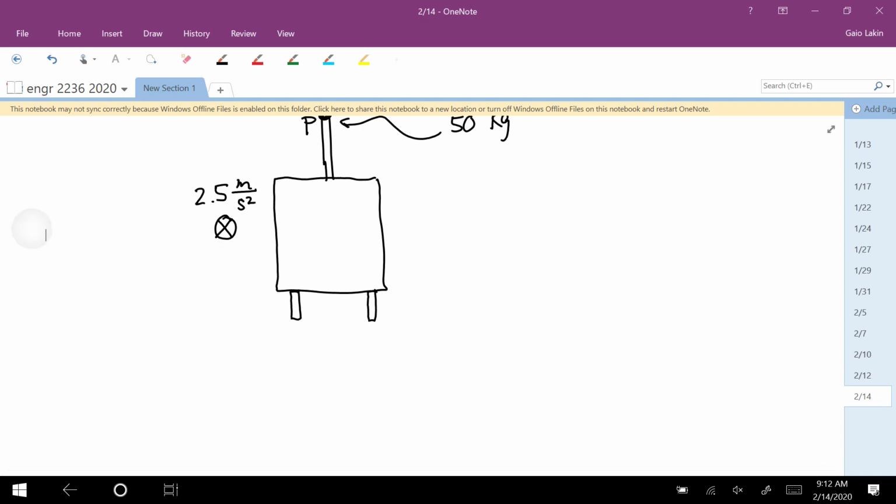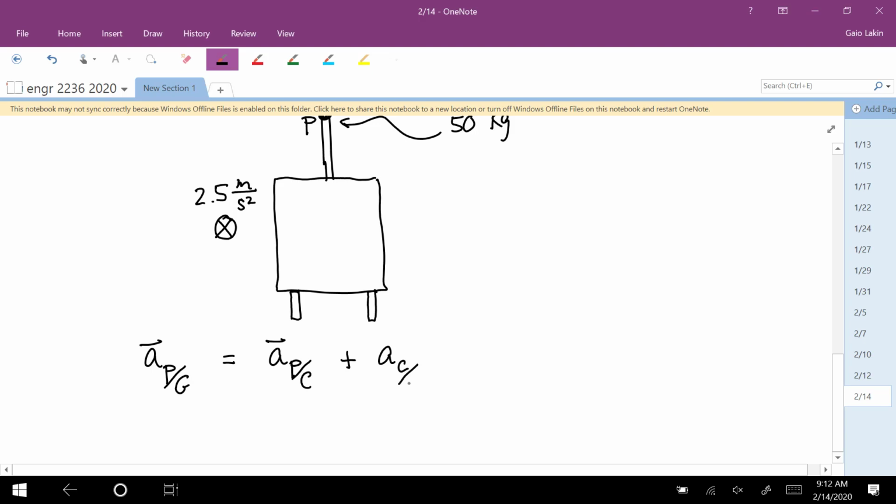All right, so the acceleration of the passenger relative to the ground is equal to the acceleration of the passenger relative to the train, in other words, the acceleration of the passenger relative to the center, because the center is locked rigidly to the train, plus the acceleration of the center, the train, relative to the ground.